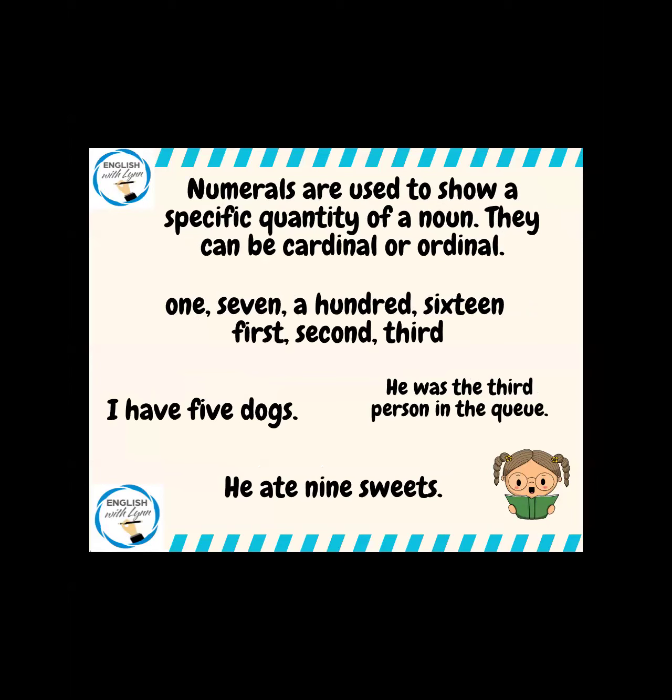And the numerals that you are using can either be what we call cardinal numbers, so 1, 2, 3, or any number, or they can be ordinal numbers, so first, second, third, etc.